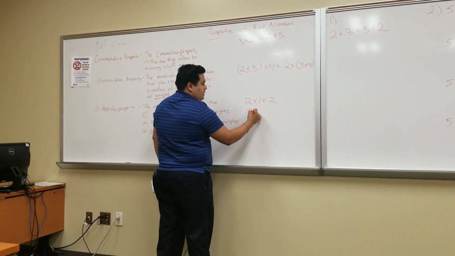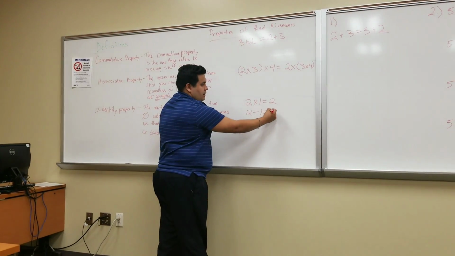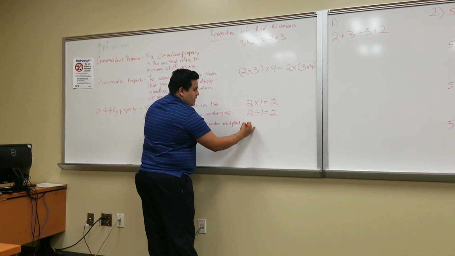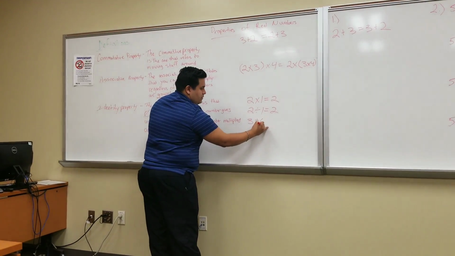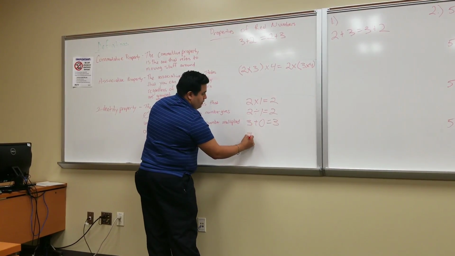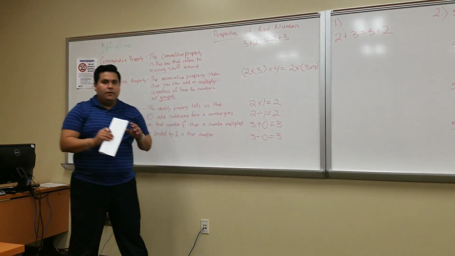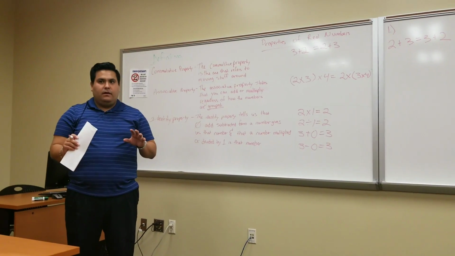If we have 2 divided by 1, the answer is still exactly 2. If I take 3 and I add 0 to it, it's still going to give me 3. If I take 3 and subtract 0 from it, it still gives me 3. Are there any questions about any of this so far?